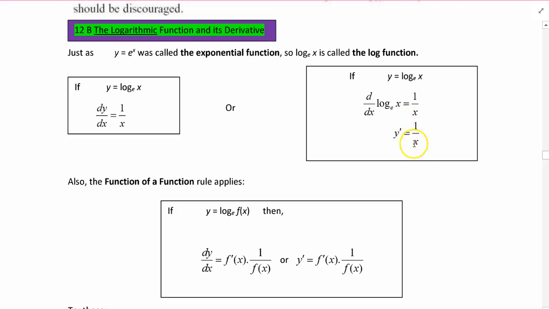What appears in the derivative has no reference to logs. So the derivative of the log function goes to a simple little fraction. That is so significant, so significant. We've not had that sort of thing happen before. And you won't in the future.